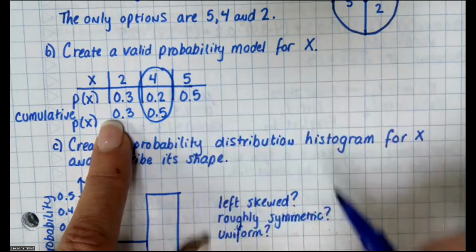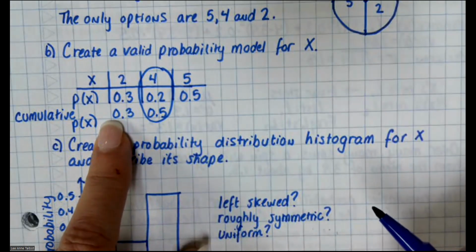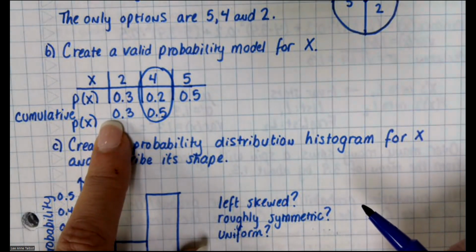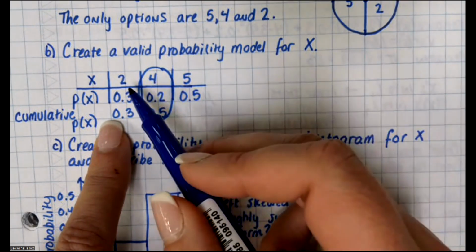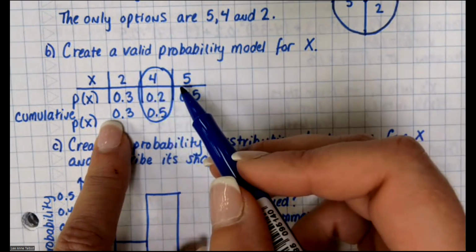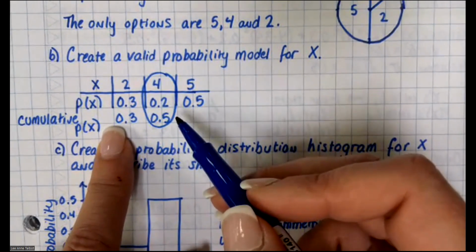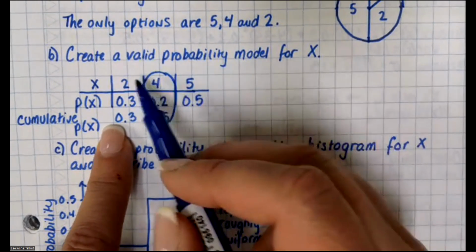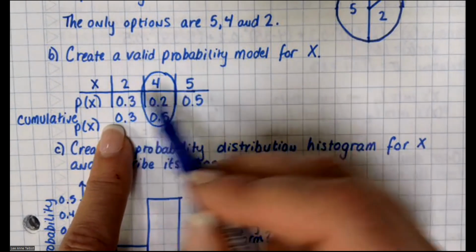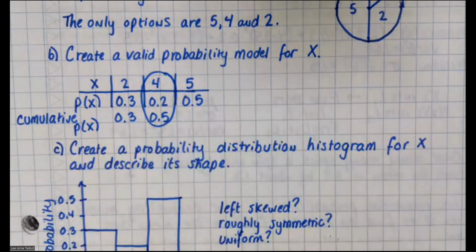Yes, honey. How did you notice they start with two? I just went least to greatest for the 2, 4, and 5. I would arrange the outcomes in least to greatest. That's a really good question.